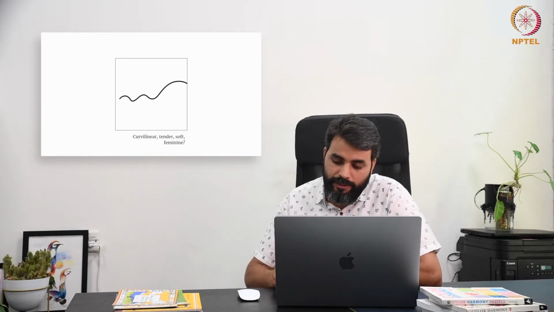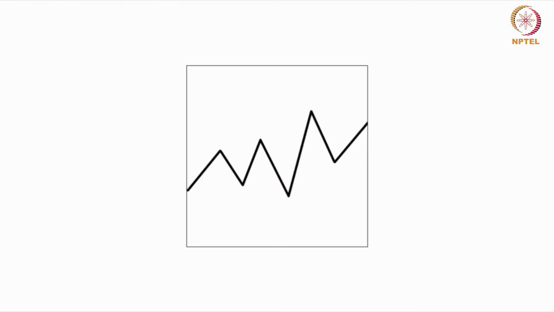Let us move ahead and look into another line, which is zigzag lines. Zigzag lines depict chaos, energy, unpredictability, or maybe you can say anxiety as well. The sharp, jagged nature of a zigzag line conveys instability and erratic movement.